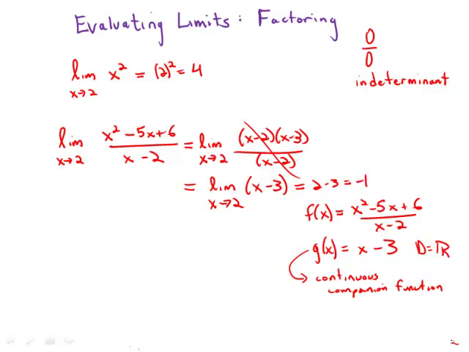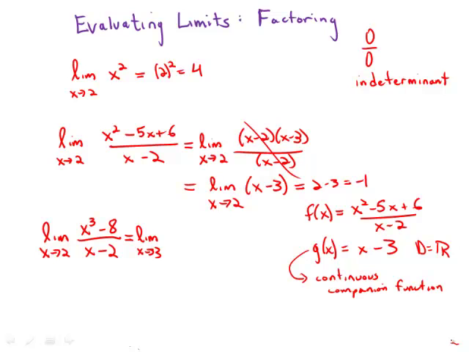So once again, another example of factoring. The limit as x approaches 2 of x cubed minus 8 over x minus 2. Well, again, we plug in, we get 0 over 0, so we know we have to do a little reconfiguring in order to get a meaningful answer here. Here, what we have to do is factor the cubic.